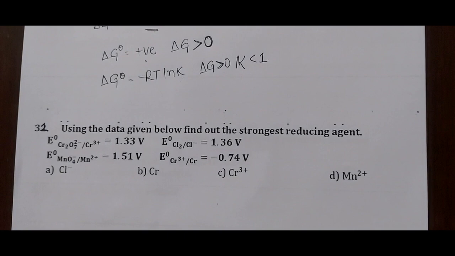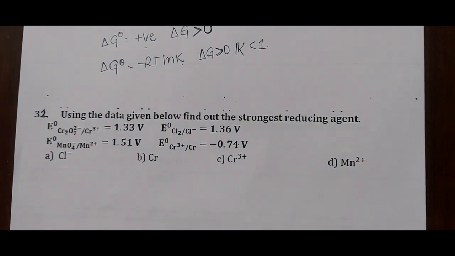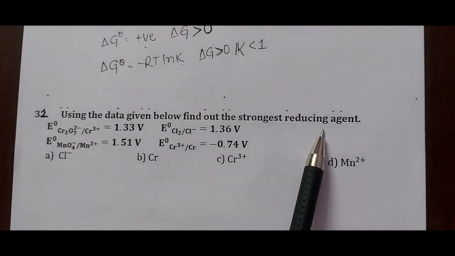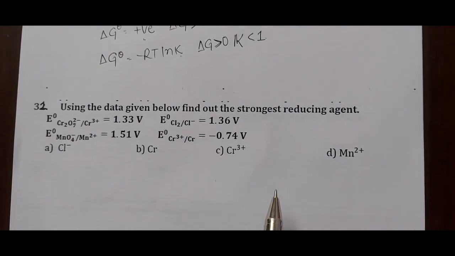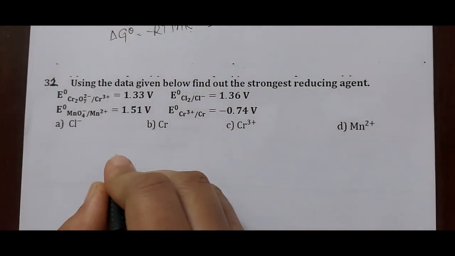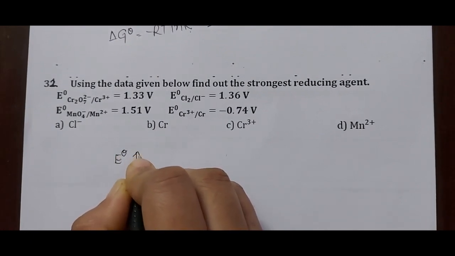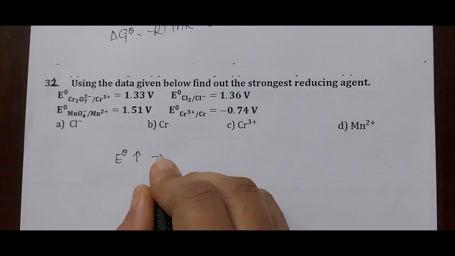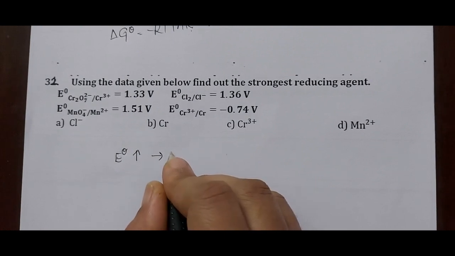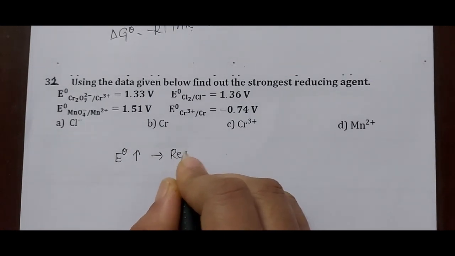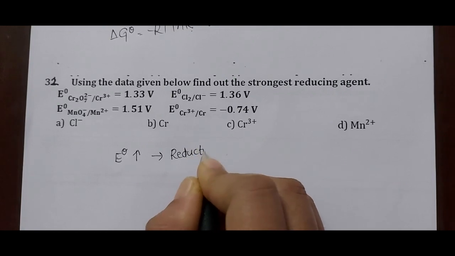We'll go with the next question, question 31. Using the data given below, find out the strongest reducing agent. One thing you have to remember here is based on E naught values. If it is a greater E naught value, it easily undergoes a reduction reaction.